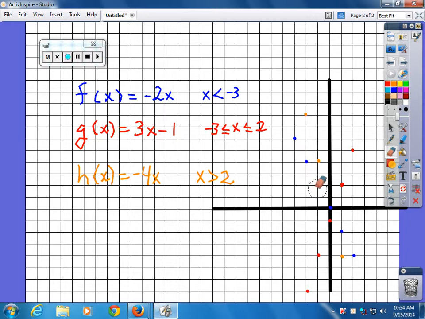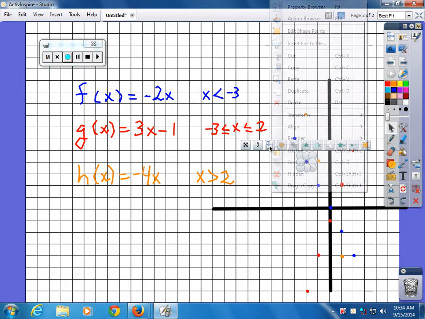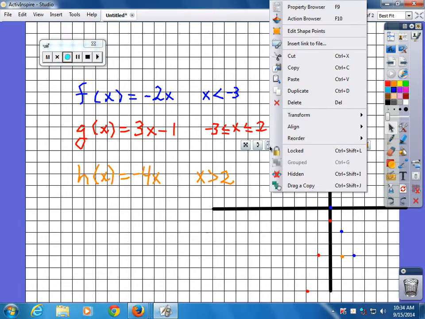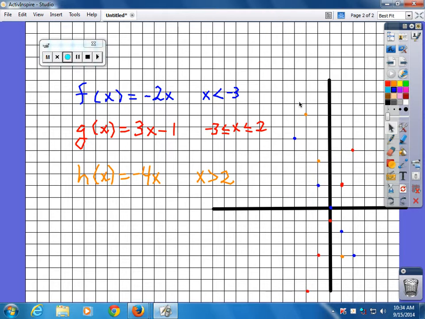Well, it's not going to erase that. Why is that? I guess I have to click on each one of them. Sorry. I guess I'll just have to erase that one, that one. I know there's a delete button on here somewhere.